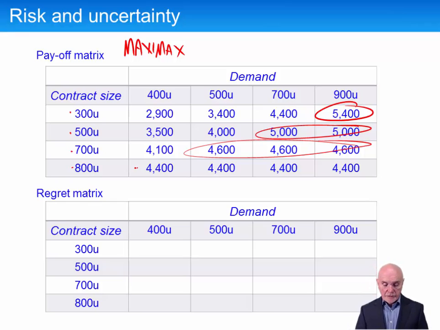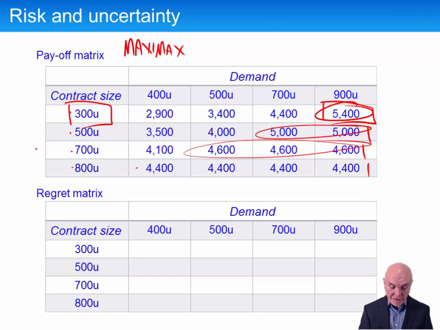So this person will look at this and say, well, I either get 5,400 or 5,000 or 4,600 or 4,400, and of course the best that's going to happen will be 5,400. So the Maximax person would adopt the strategy of signing a contract for 300.